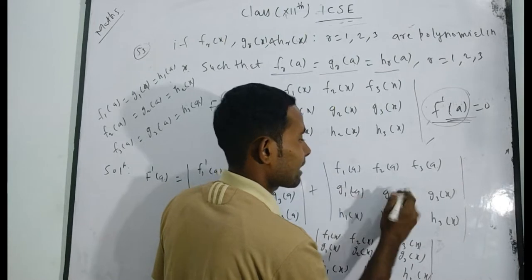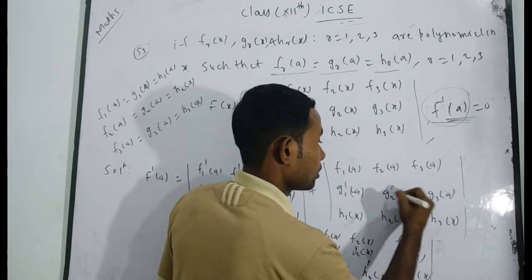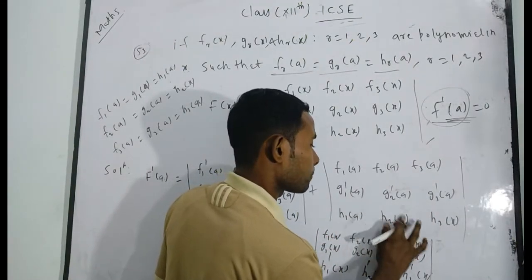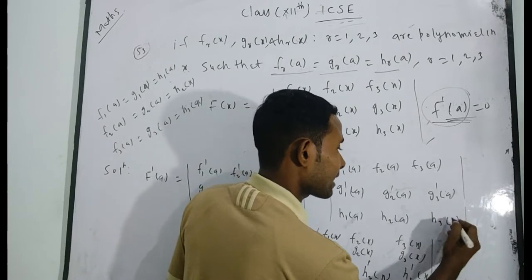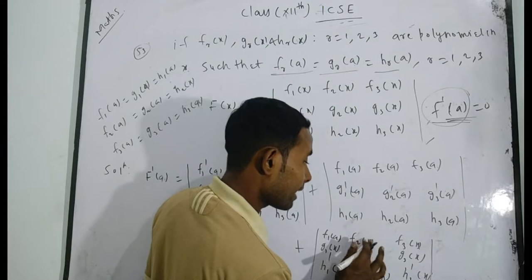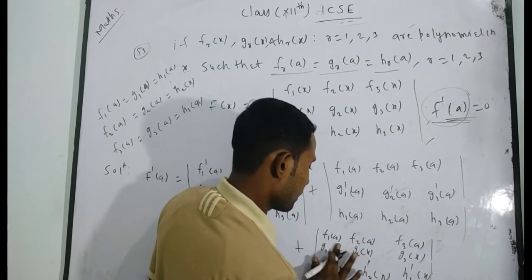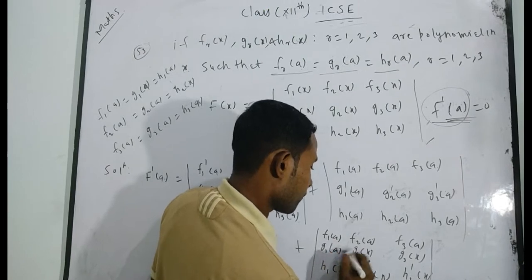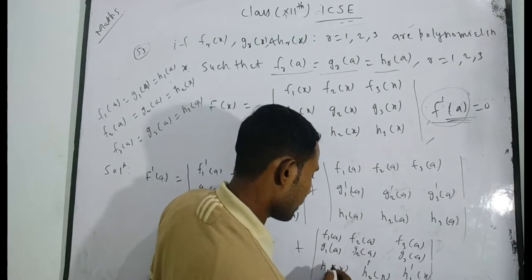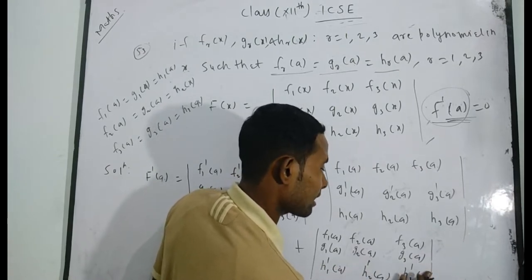Again g1 dash a, g2 dash a, g3 dash a, and h1a, h2a, h3a. Similarly, you can write here f1a, f2a, f3a, g1a, g2a, g3a, and h1 dash a, h2 dash a, h3 dash a.